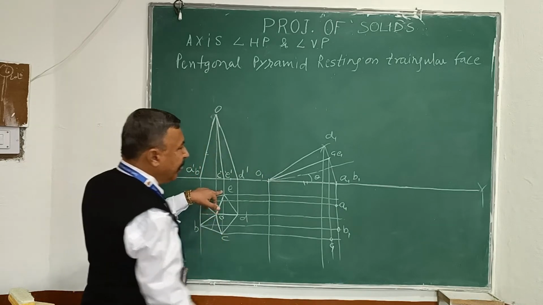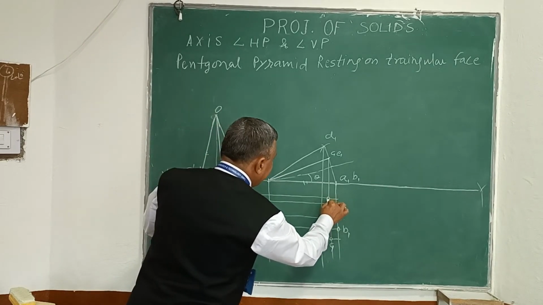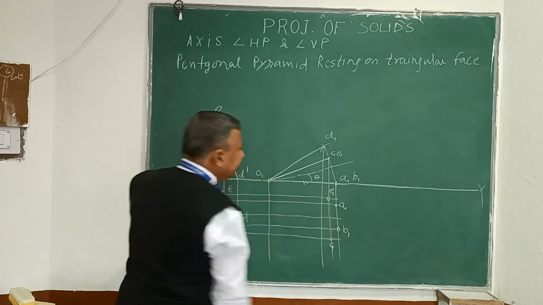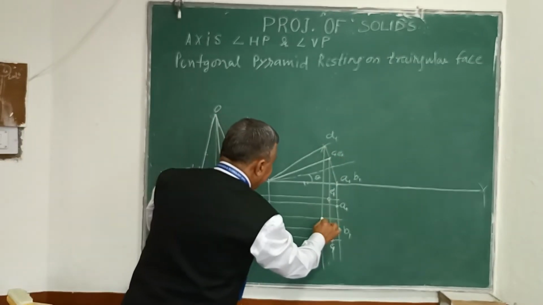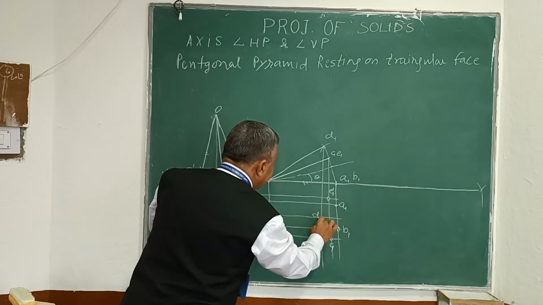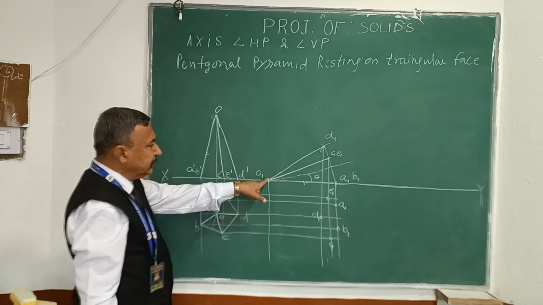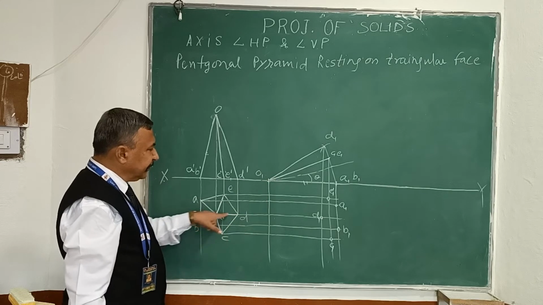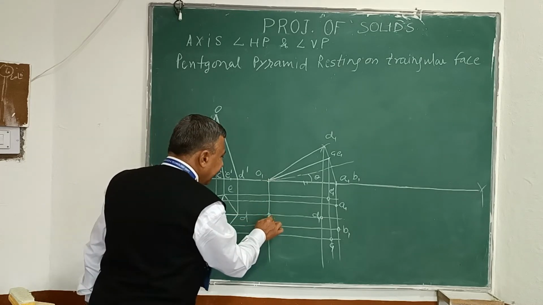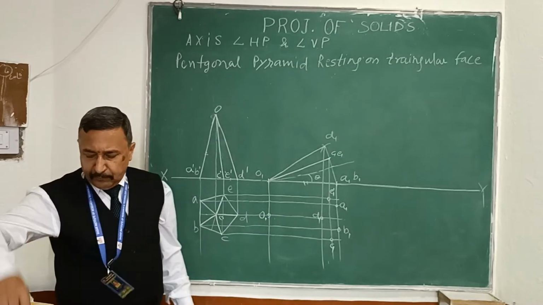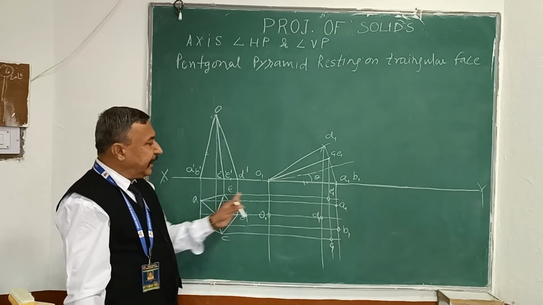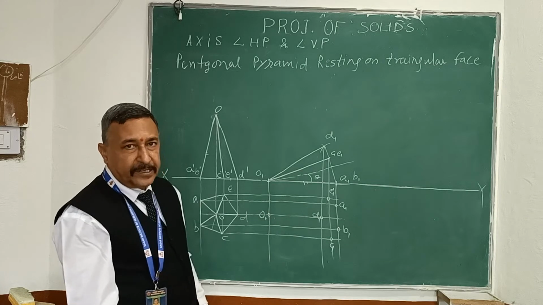And E. We get E1 here. And lastly D. We get D here. So this is our D1. And the O, this is O. So here we get O1. So first we take like this all intersection points.